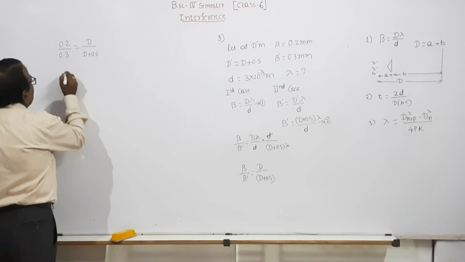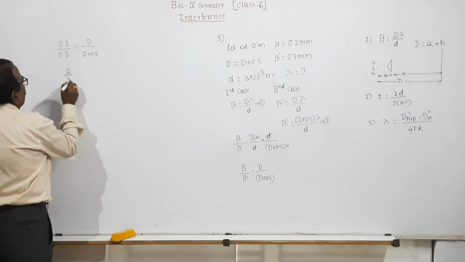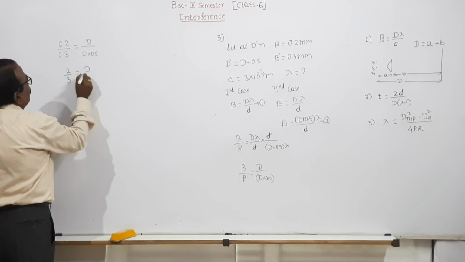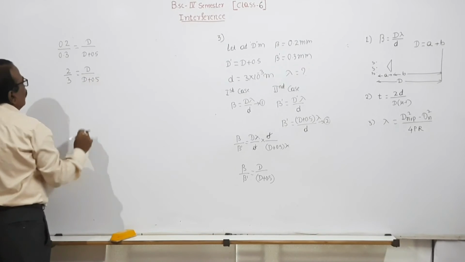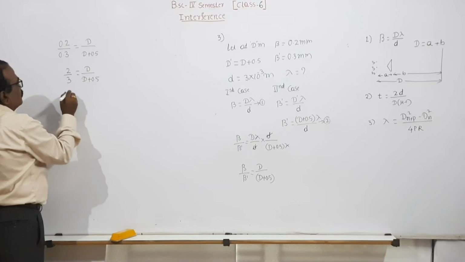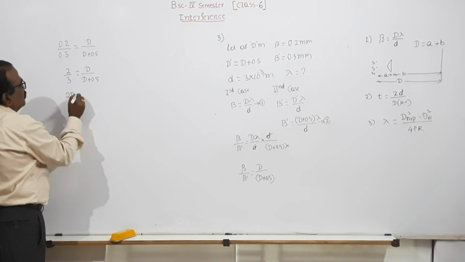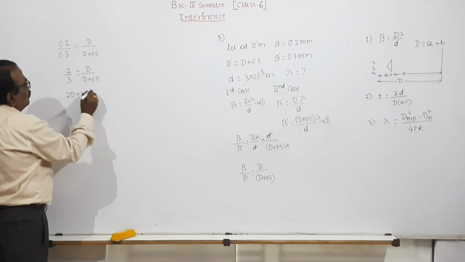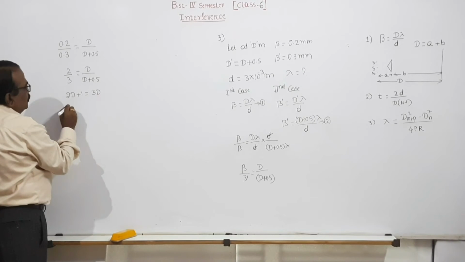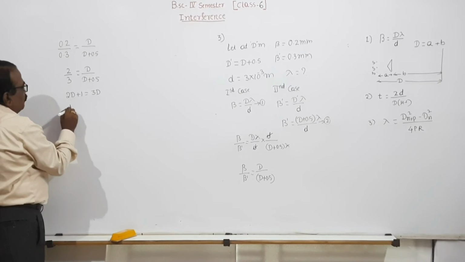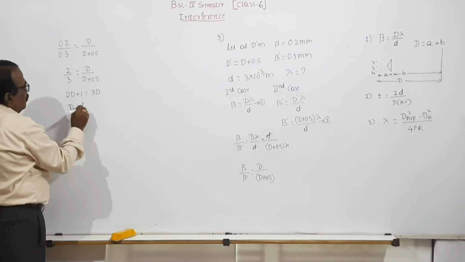You can write this as 2 by 3 is equal to D upon D plus 0.5. Cross multiplication. This is 2D plus 1 is equal to 3D. Then 3D minus 2D is 1. Therefore, your D is 1 meter.